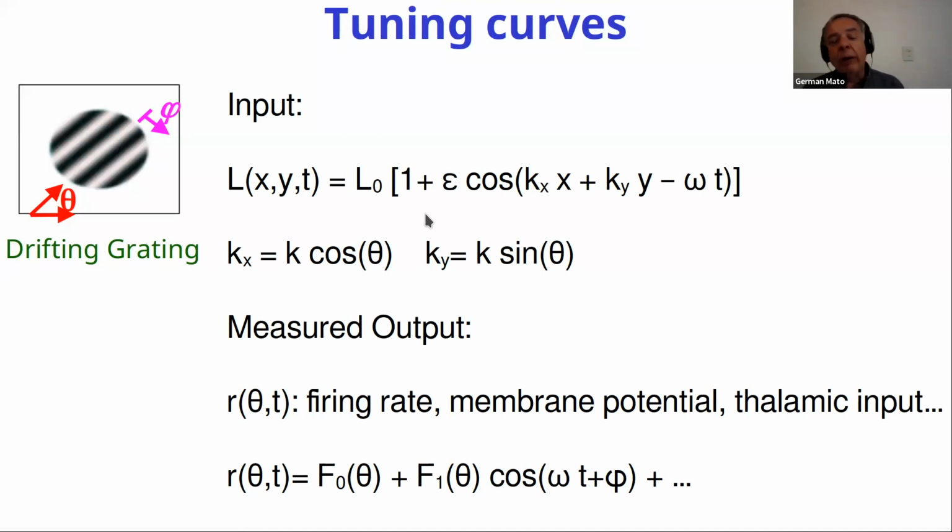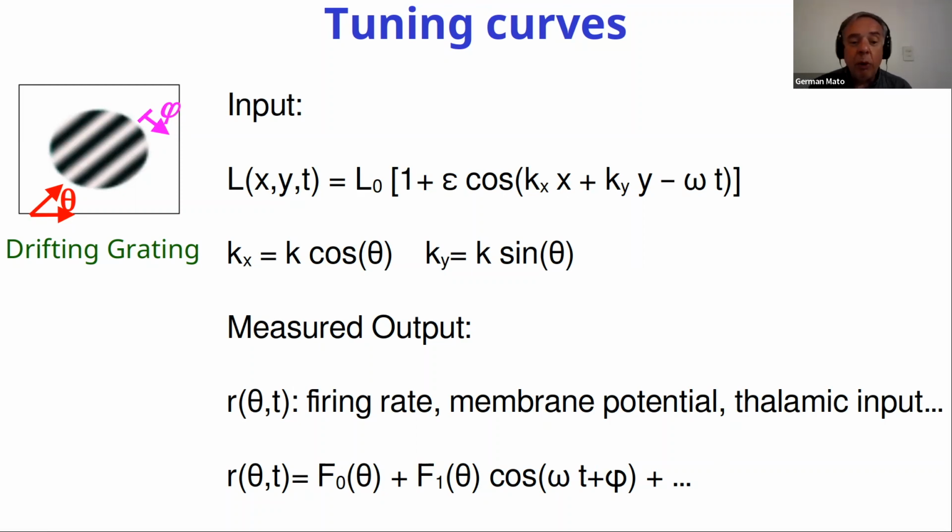When I make the experiments, we can record some measured output. This measured output is called R theta of t. It could be a firing rate, it could be a membrane potential, it could be thalamic spikes, the total thalamic input, etc. Anyway, whatever it is, I can always decompose this quantity in Fourier components in time with the frequency of the stimulus.